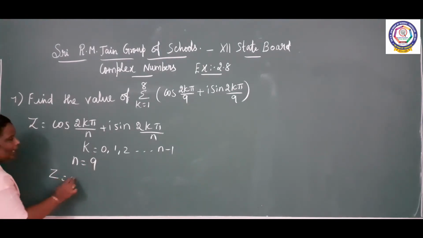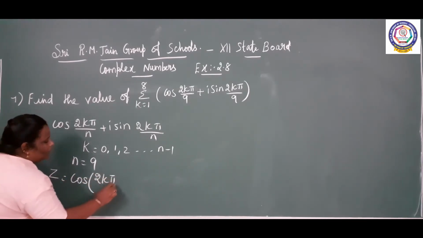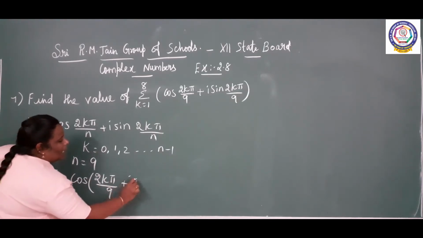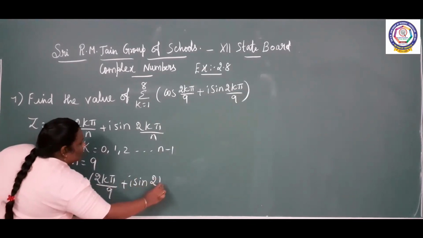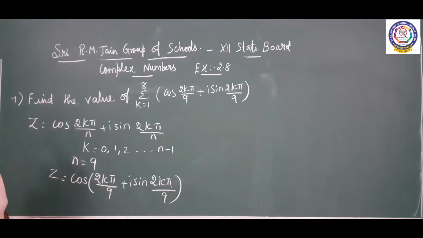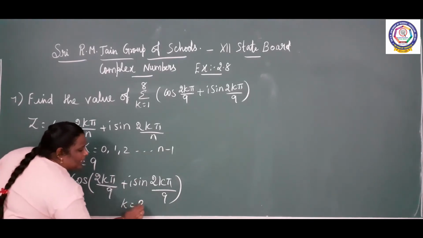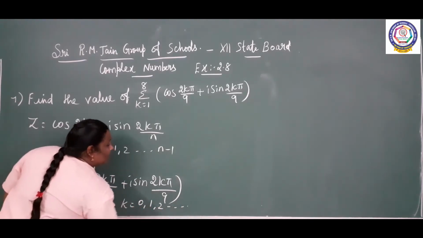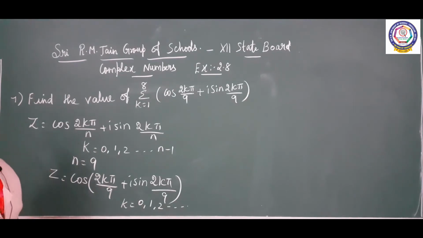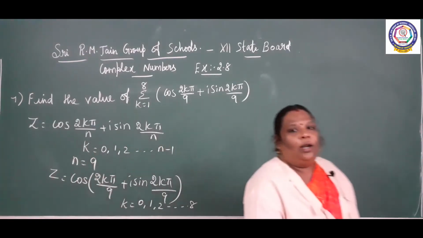Z equal to cos of 2k pi by 9 plus i sin of 2k pi by 9. K can take the values 0, 1, 2, etc. up to n minus 1. 9 minus 1 is 8, so k is 0, 1, 2, up to 8.